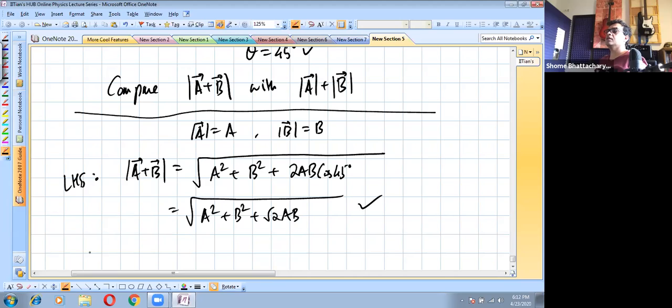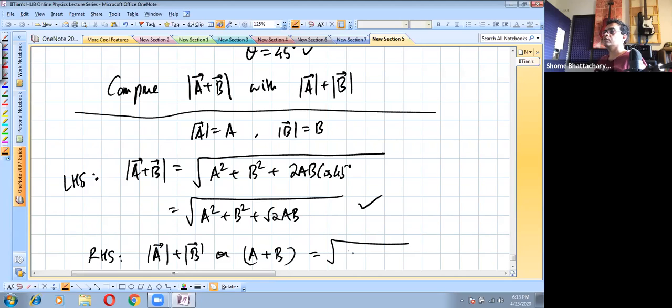Now you want to compare this LHS with the right hand side, which is mod A plus mod B, or you can just think of it as A plus B. How are you going to compare this quantity with A plus B? You can write A plus B in square root form, as square root of (A plus B) whole square.